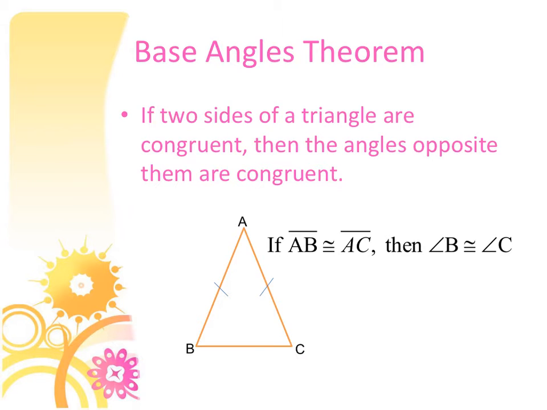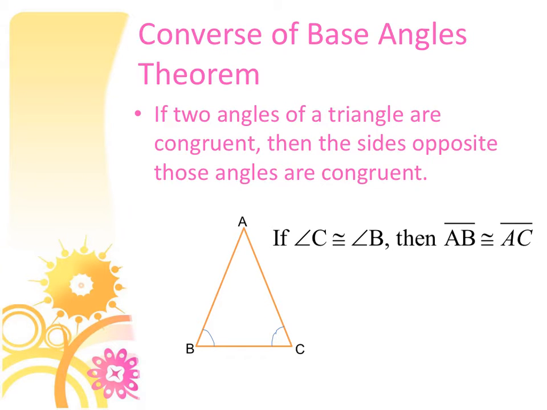So in this picture, notice we have side AB with a congruency mark is congruent to AC. So that means that the angles across from them, angle C and angle B, are the base angles, and they're going to be congruent.